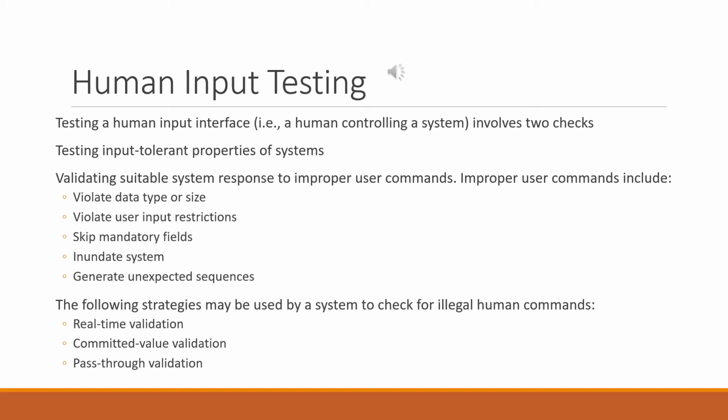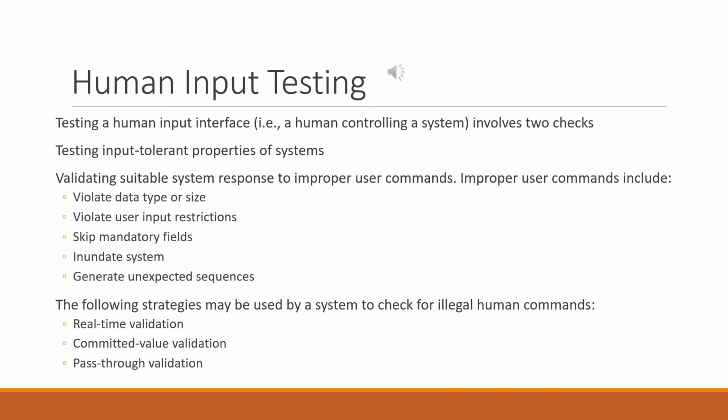The following strategies may be used by a system to check for illegal human commands. Real-time validation. After each keystroke, mouse interaction, or switch activation, the system checks to see whether the input meets the expected value or event. Otherwise, the system issues an exception. Committed value validation. After the user has filled out a given field completely and commits the entry by pressing a key or moving on to the next field, the system checks whether the entire input field meets the expected values.